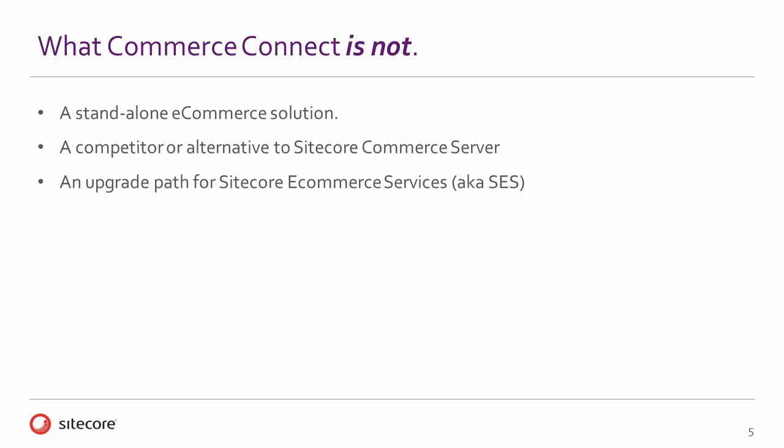And what is it? Well, it's a framework, meaning that you can use or discard aspects and models that are useful. And so to my earlier point, let's say you're doing something like a PIM system, which is product information management, and you want to get that data into Sitecore. You can use Sitecore Commerce Connect, and you can use the product synchronization feature of that, and you can discard absolutely everything else.